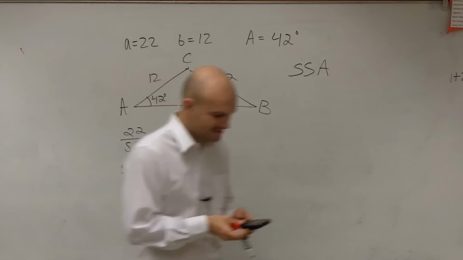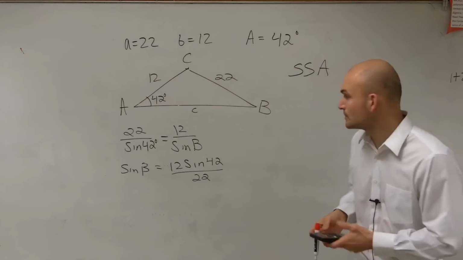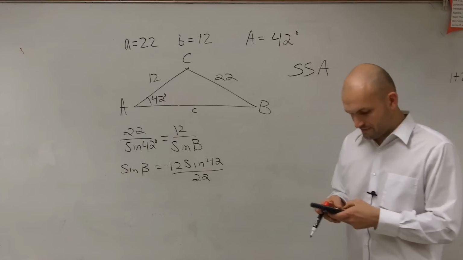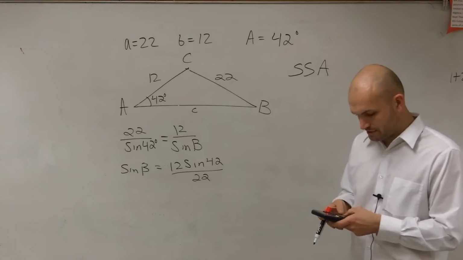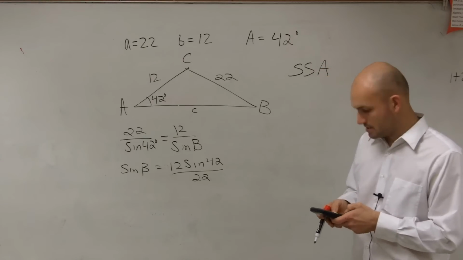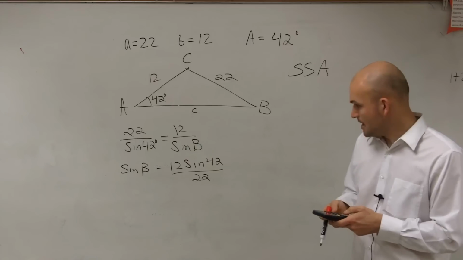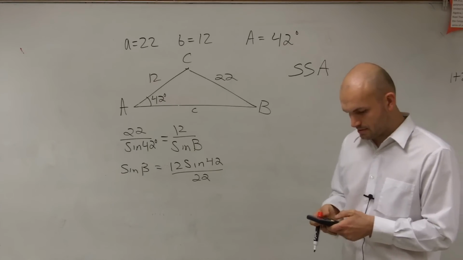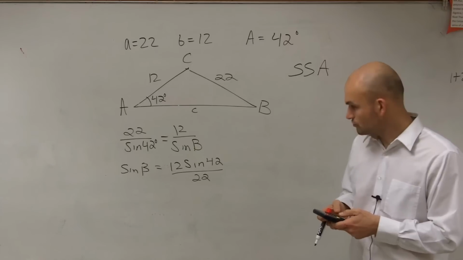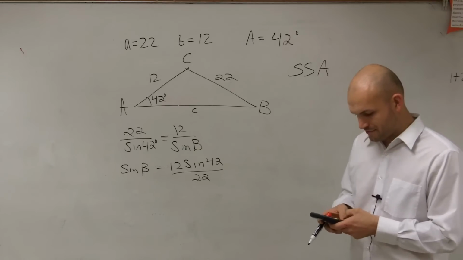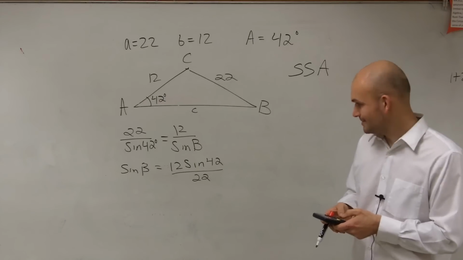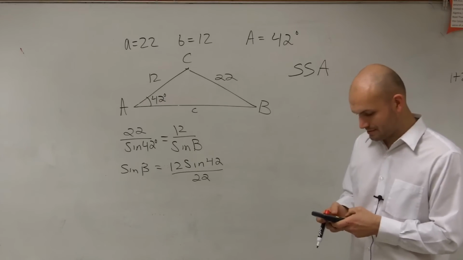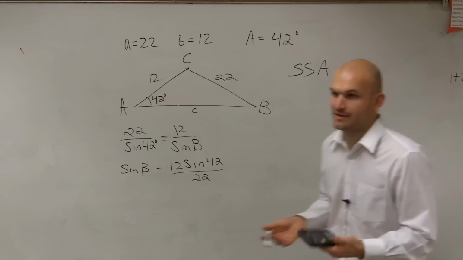If you guys do all the solving on your own, therefore I have sine of 42 times 12, and then divide by 22. All right, and then I get a decimal.